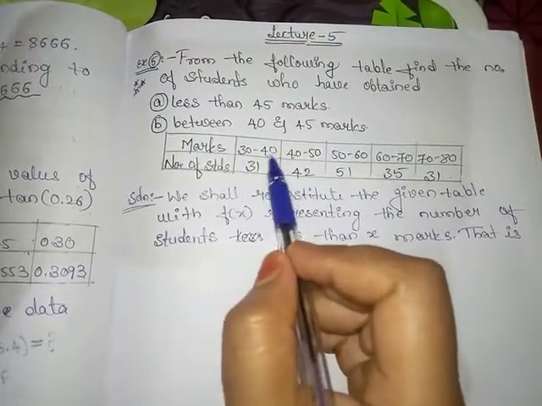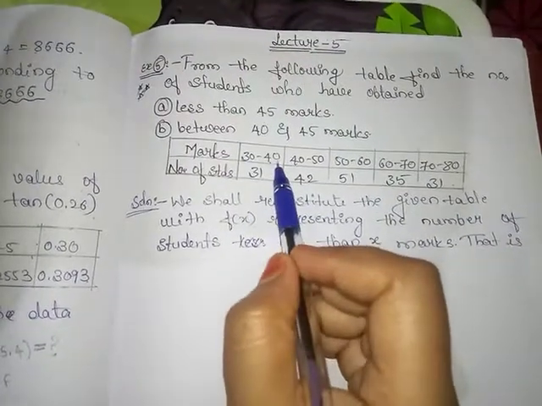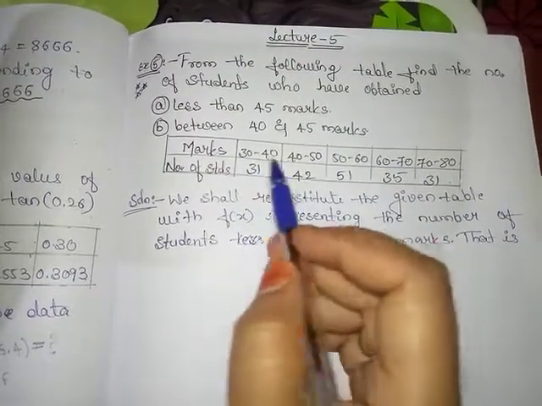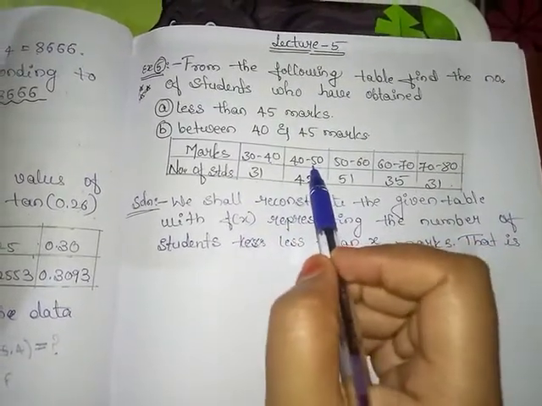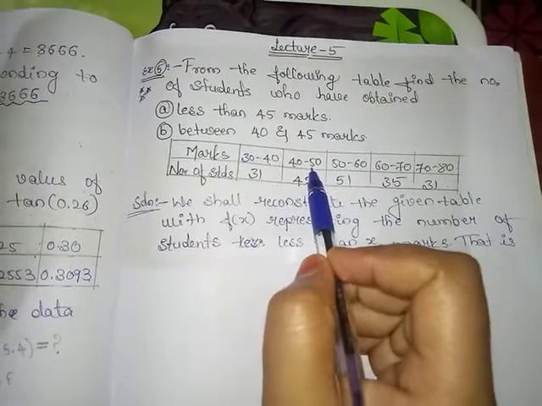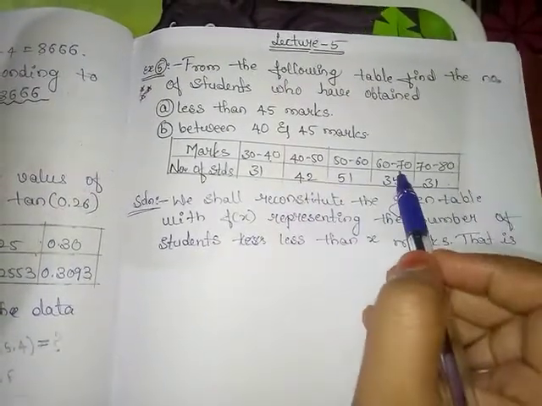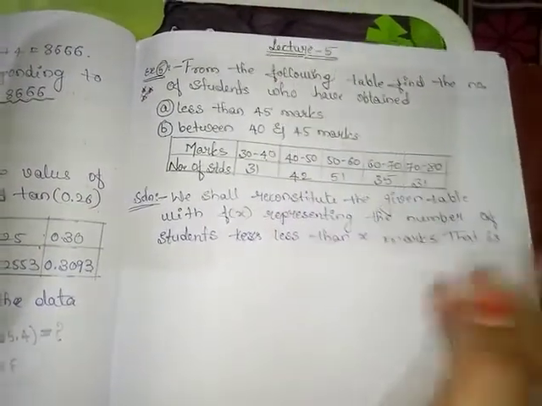Less than 40 marks, 31 students have less than 40. Less than 40 means it may be anything. It may be 30, 31, 32, whatever it may be. Then the second box is less than 50, less than 60, less than 70, and less than 80.